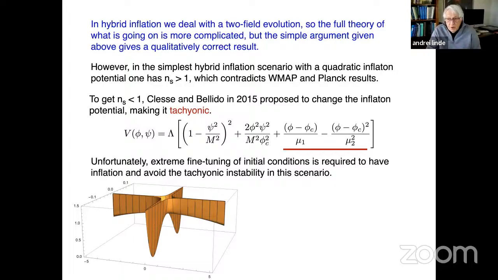So if you take initial conditions where the fields are originally large, then typically it ends up with almost instant instability and therefore no hybrid inflation at all.